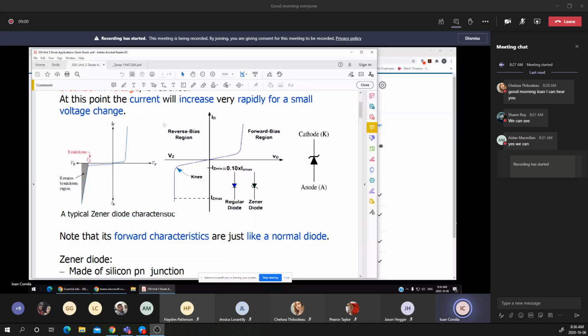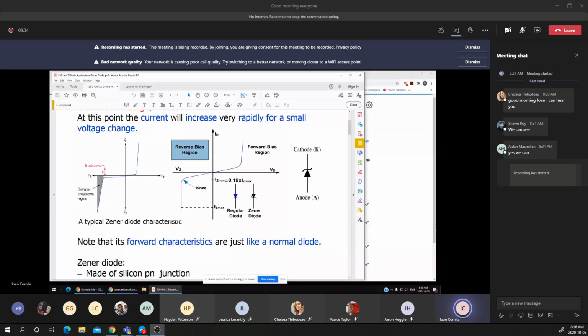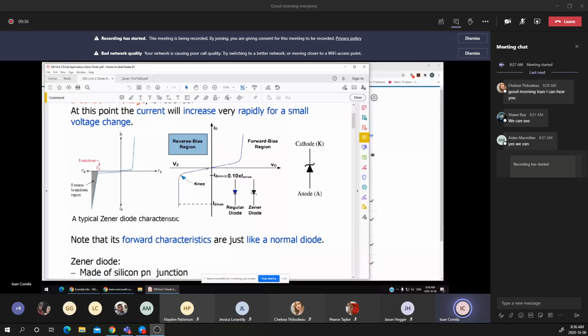You notice that in reverse bias, the reverse current is almost constant. Again, I have a small increase in voltage up to a certain point.